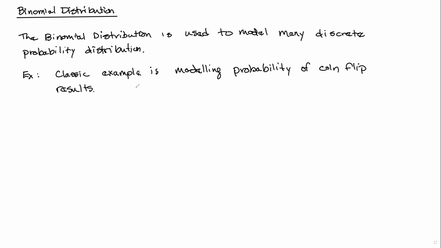So for example, let's say you flipped a coin 10 times and you want to know what the probability of getting a certain outcome was.